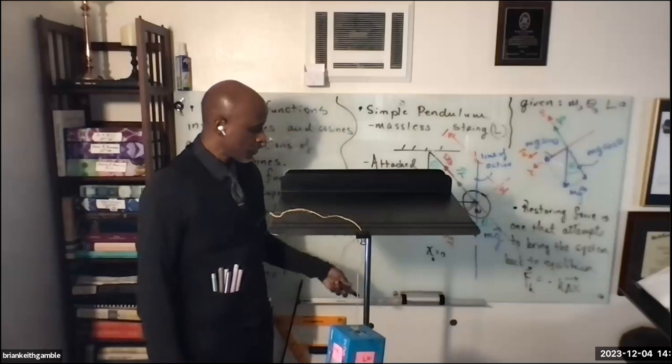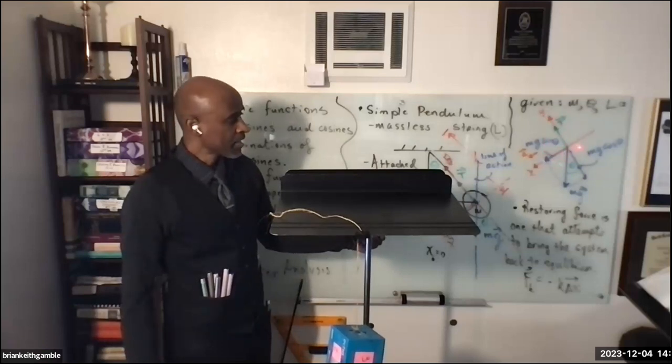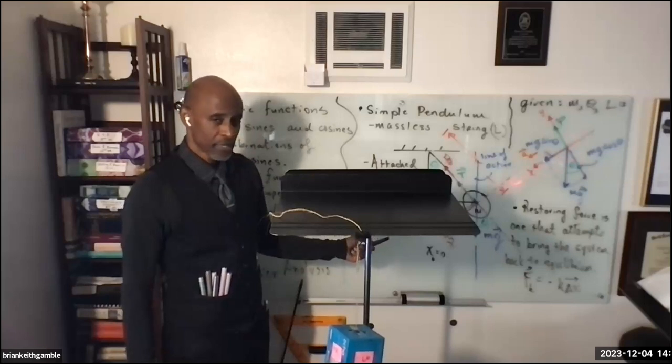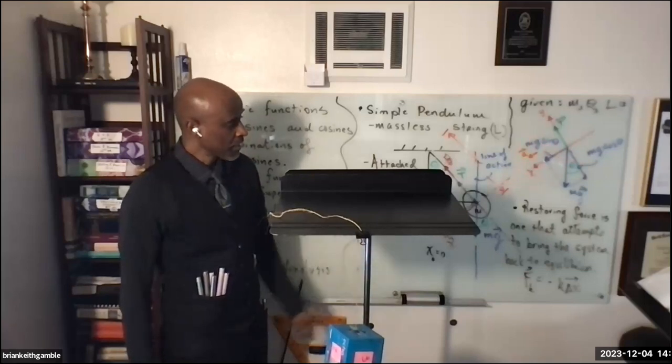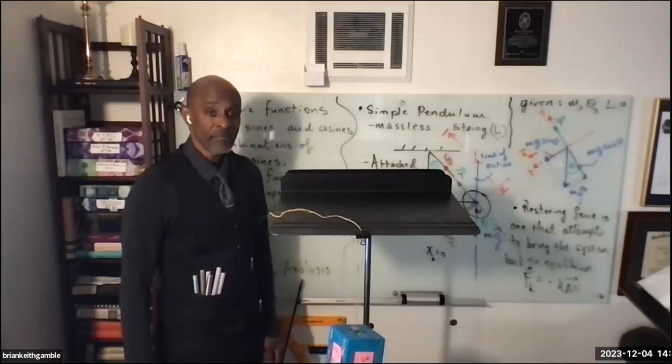There's no Hooke's law, it's just gravity, well, tension. Now, the tension is not causing the motion. It's kind of setting up the system. It's the gravity that's causing the oscillatory motion, as we can see from our free body diagram here. And so in this case, gravity is behaving like a restoring force.